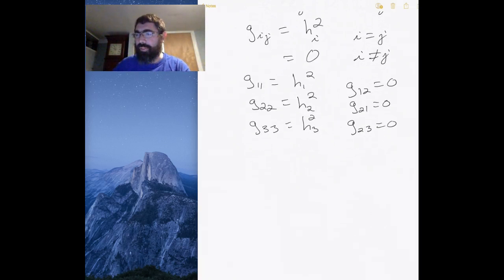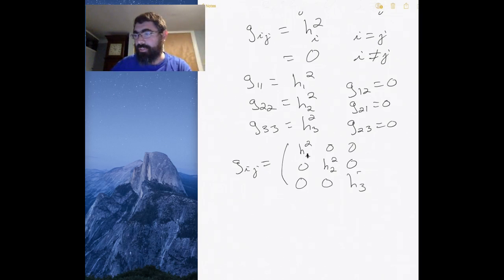So what we're left with is Gij equal to the matrix h1 squared, 0, 0, 0, h2 squared, 0, 0, 0, h3 squared, which is what I stated earlier. Now this is the covariant form.